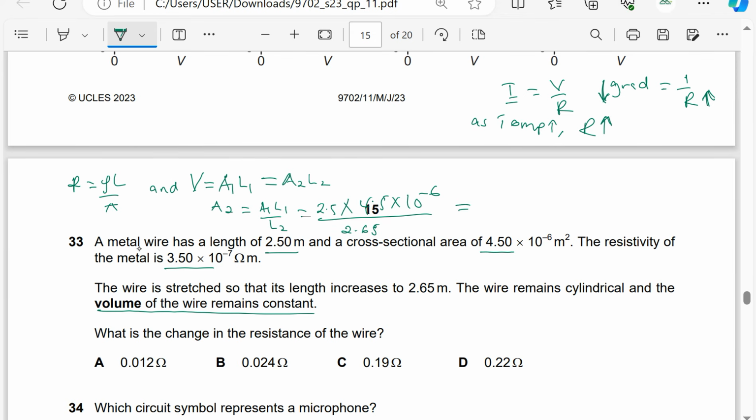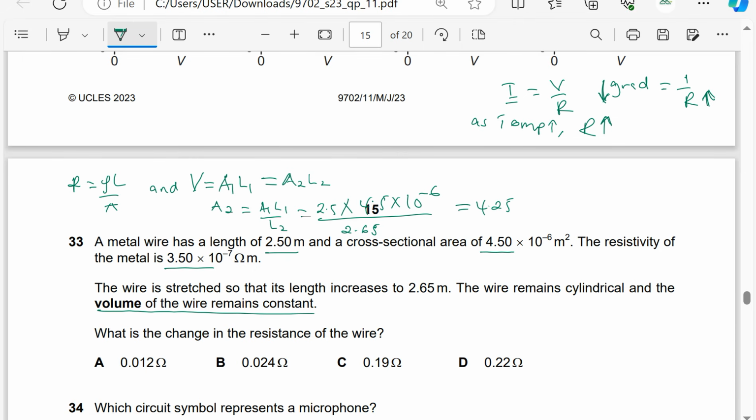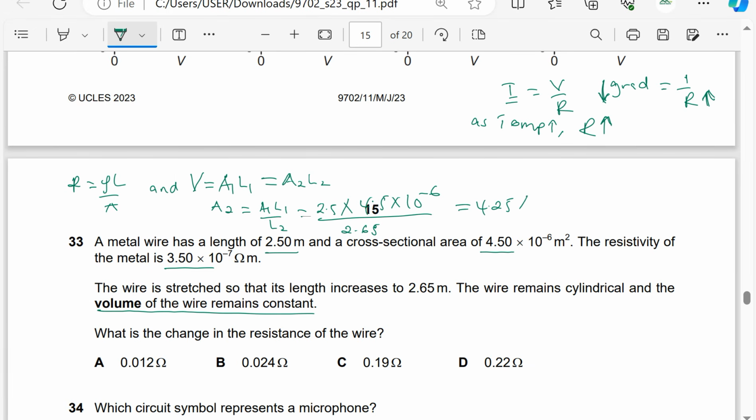So this is the area of the second wire: 2.5 times 4.5 times 10 power minus 6 divided by 2.65. So this is 4.25 times 10 power minus 6 meters squared. That is the area of the second wire.